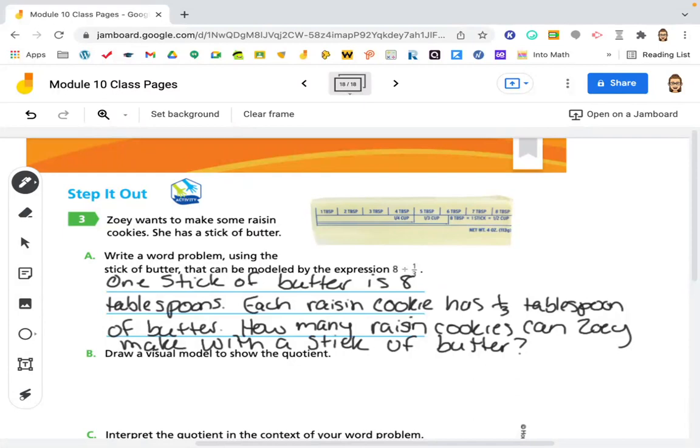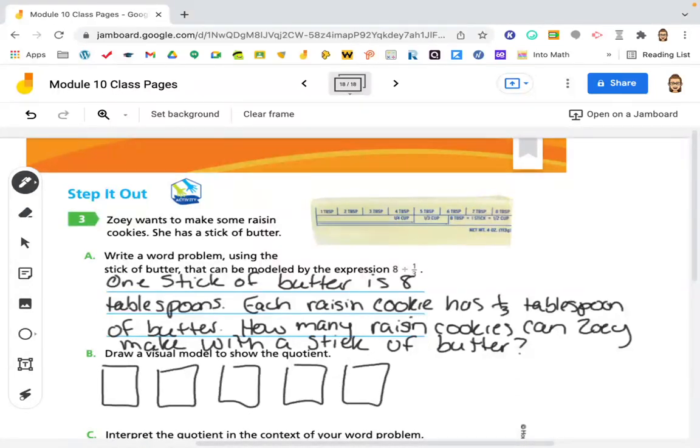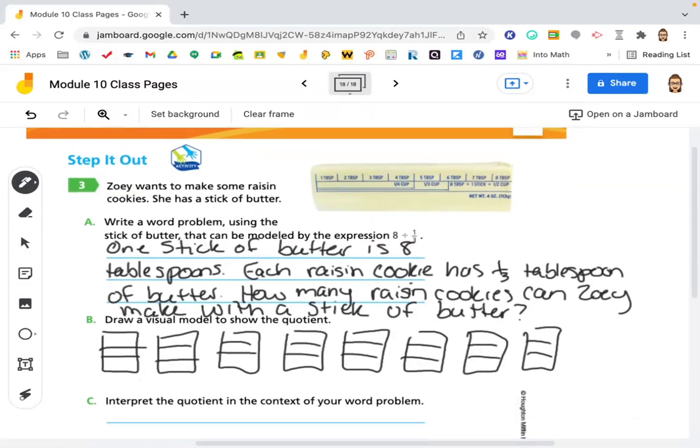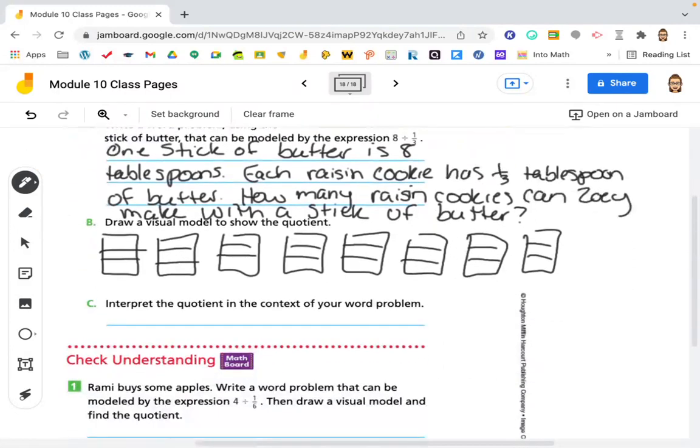So then we're going to draw. So we have 8 tablespoons. So 1, 2, 3, 4, 5, 6, 7, 8. And then we're going to cut them into thirds. And then it says to interpret the quotient in the context of my word problem.